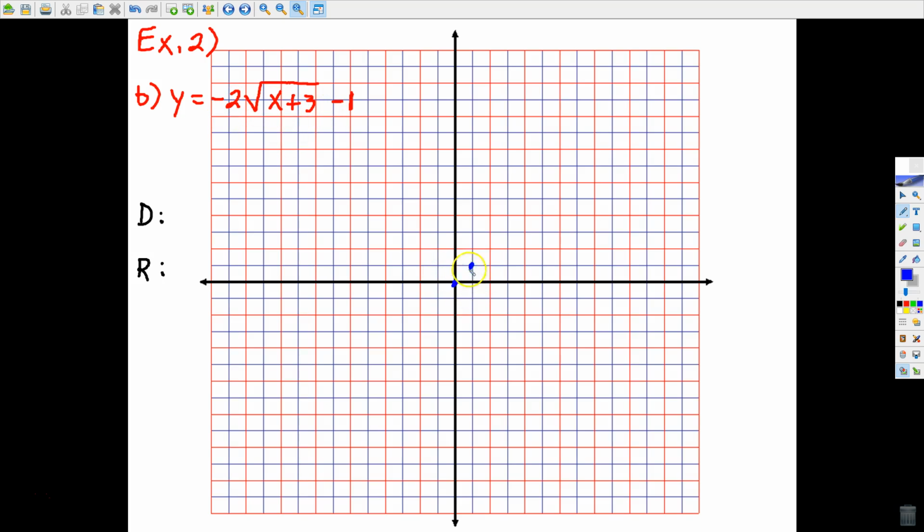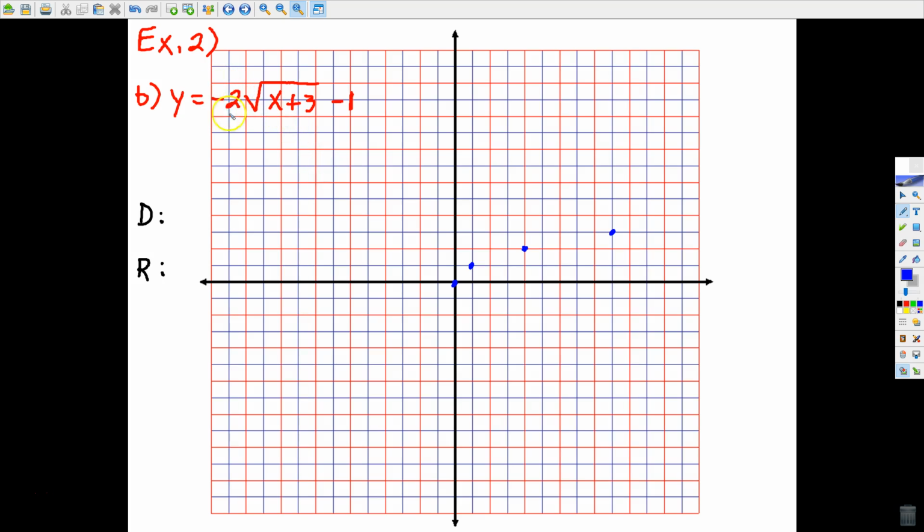All right, 0, 0, 1, 1, 4, 2, 9, 3. Okay, 1, 2, 3. Make sure I got these. All right, so I'm not going to draw the whole curve. I just want to look at these points, and I've got 3 different things that I'm going to do to these 4 blue dots. I'm just going to go left to right.